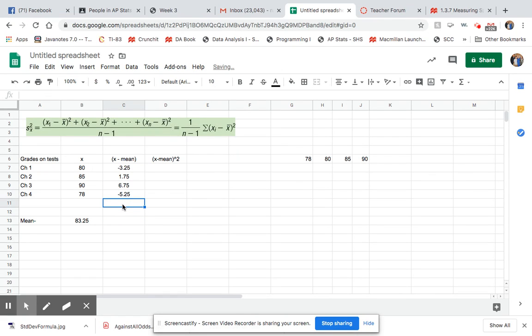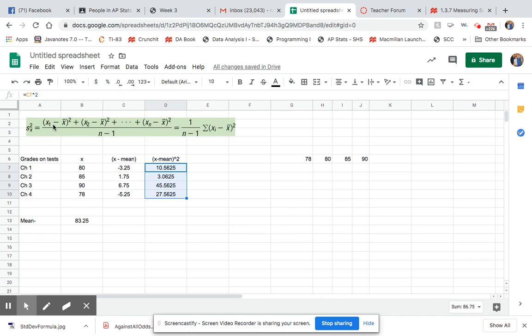So you have to square those. So in here, I'm just going to take that answer, and if I use the caret key, which is right above the 6, I can square those. Okay, so when you square those, all the numbers become positive, so I have some numbers to work with.